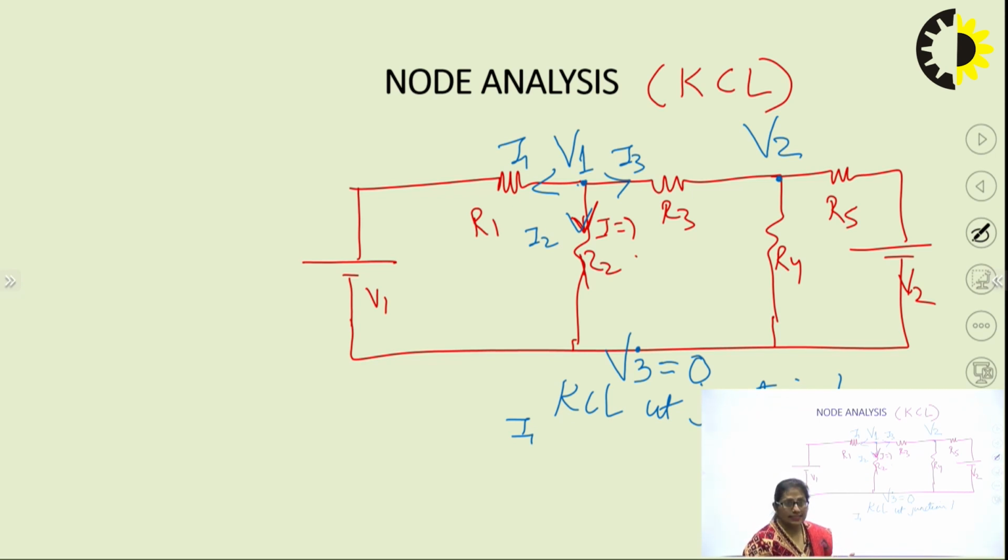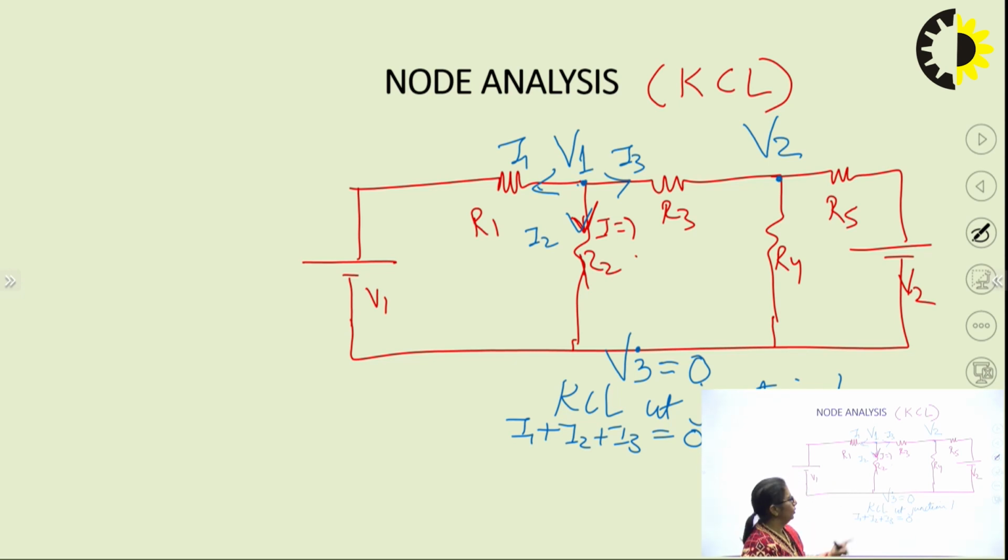If I consider that V1 is at the highest potential, then all the currents will be leaving the junction. So all 3 branch currents leave the junction: I1 is leaving, I2 is leaving, I3 is leaving. That completely depends on our perception. If that is so, the equation becomes I1 plus I2 plus I3 is equal to 0.